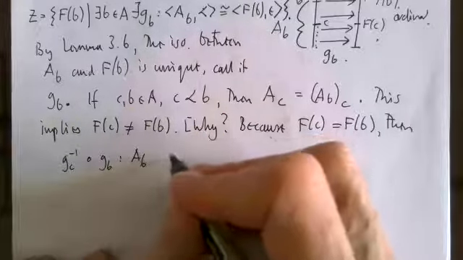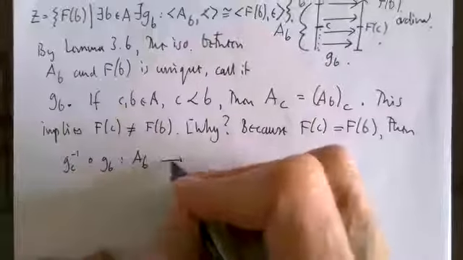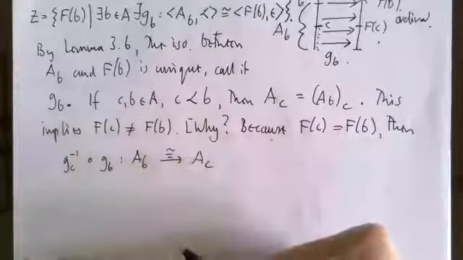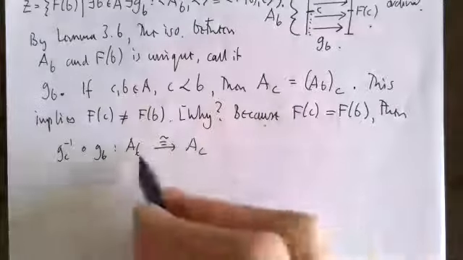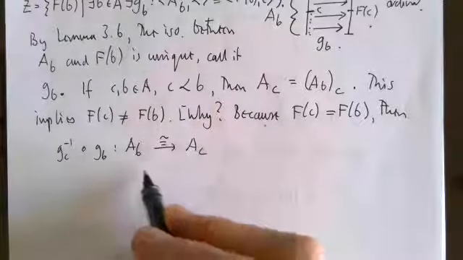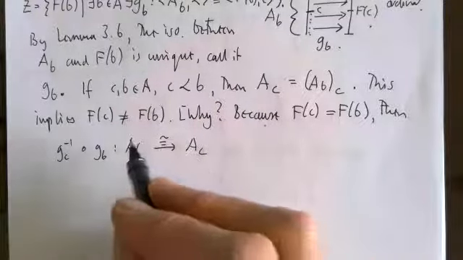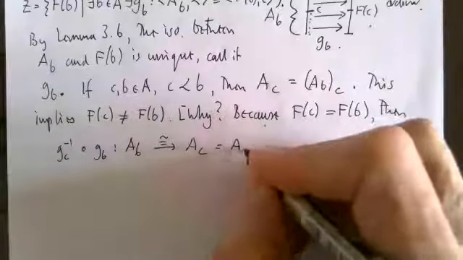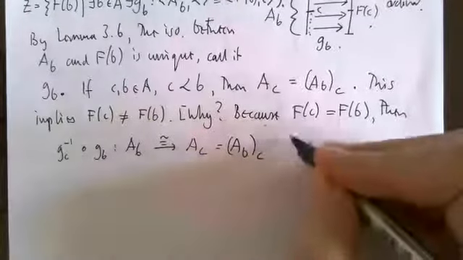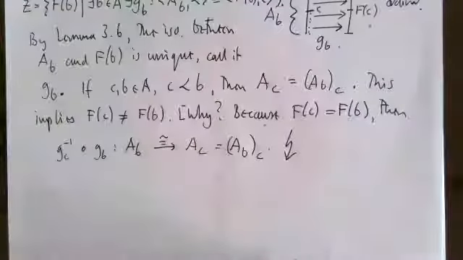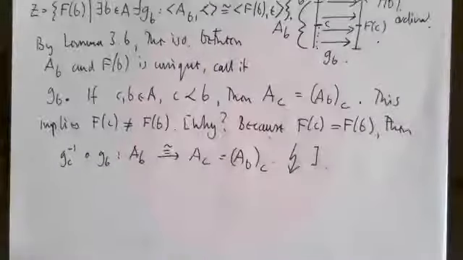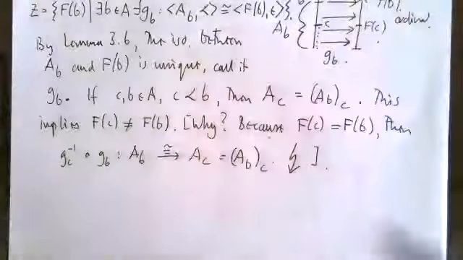These are both isomorphisms, so this would take AB isomorphically to AC. But this is an initial segment of AB, and this can't happen. There isn't an isomorphism between a well ordering and an initial segment of itself. So again, this would be a contradiction. So we can argue that f of B and f of C must be different.